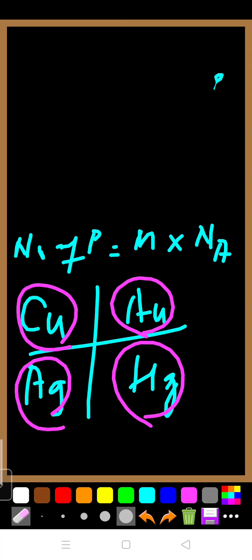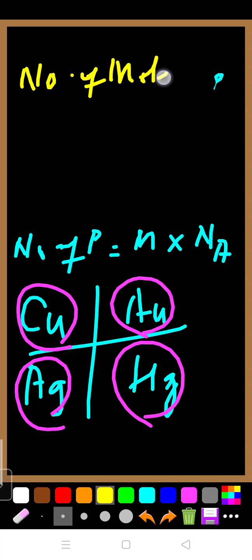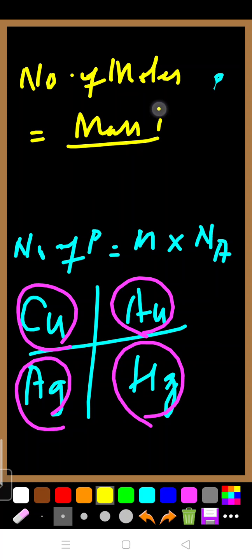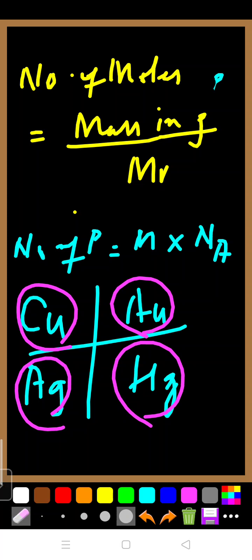So there is another formula for calculation of number of moles: number of moles is equal to mass in gram upon mr. Number of moles of substance will be equal to mass in gram upon mr. What is mr?